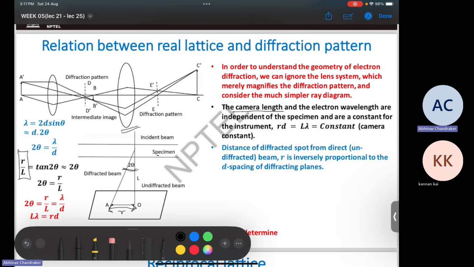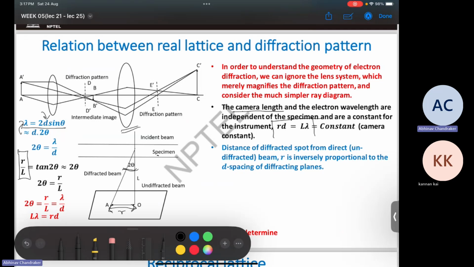And then you can also get a theta value relationship from Bragg's law, which establishes the relationship between the wavelength of the electron and the interplanar spacing in the crystal. And if you equate these two, then what we get is L lambda equal to r d.